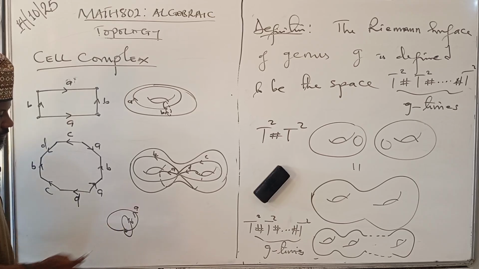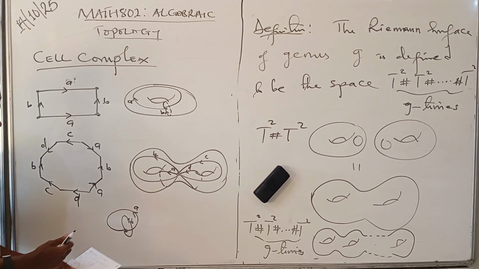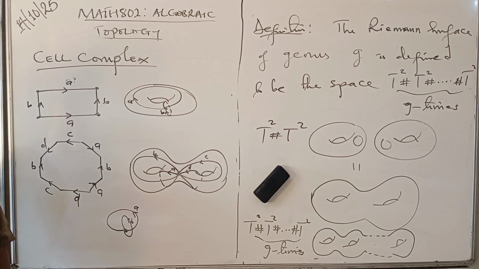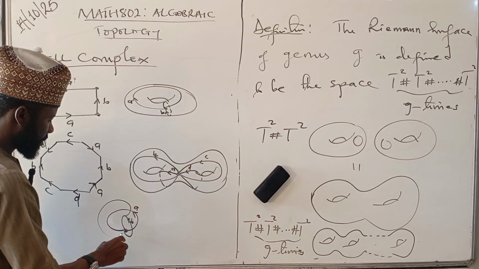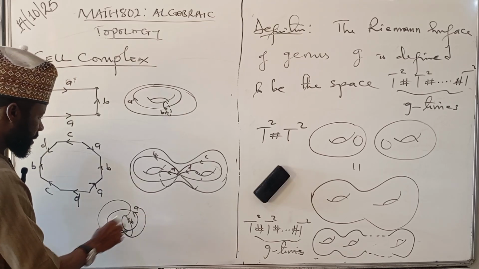This is your B. And then what you do is attach a two-dimensional disk to these edges to close it. So it's like you close it with a two-dimensional disk.